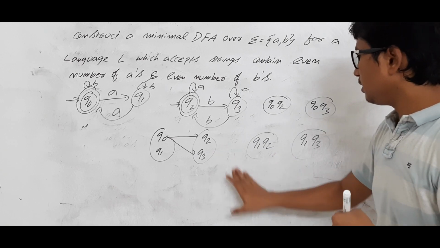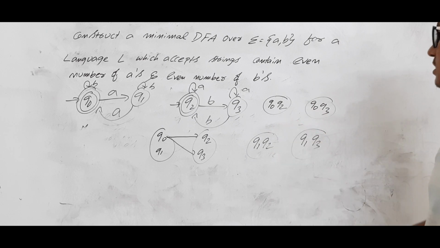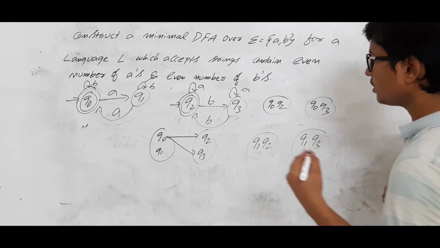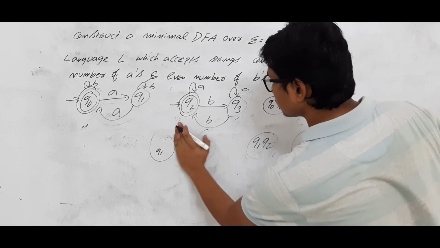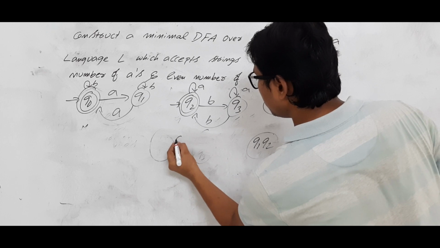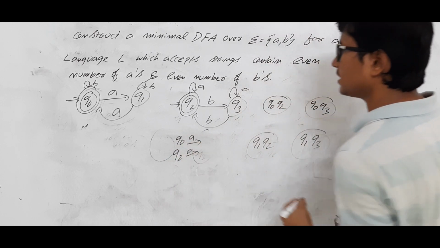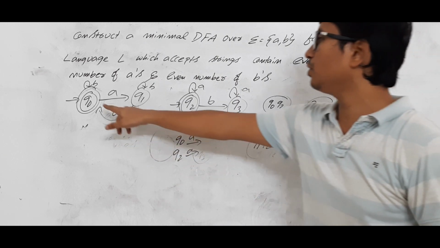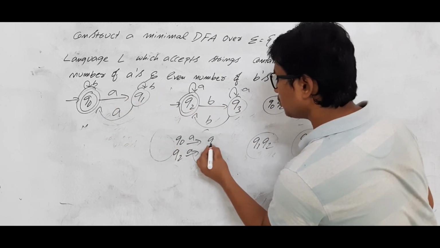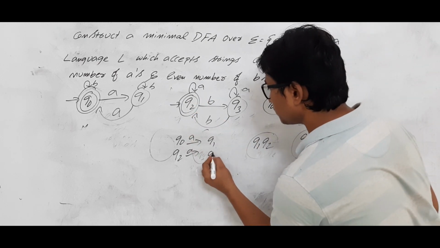Is it clear? Now I need to find the transitions. Q0Q2 on A, where does it go? I have to check. Q0 on A goes to Q1, and Q2 on A goes to Q2.